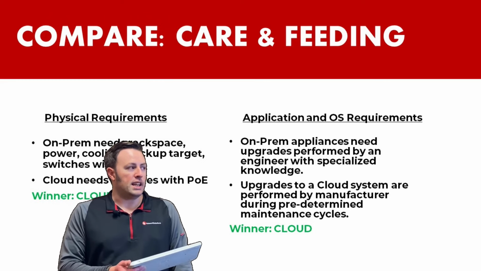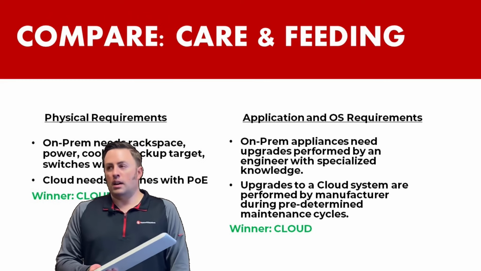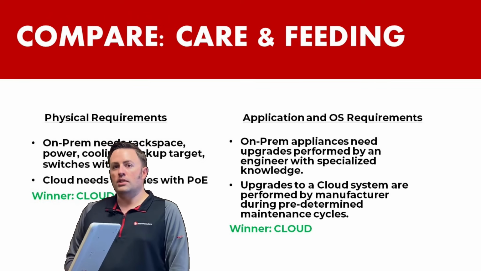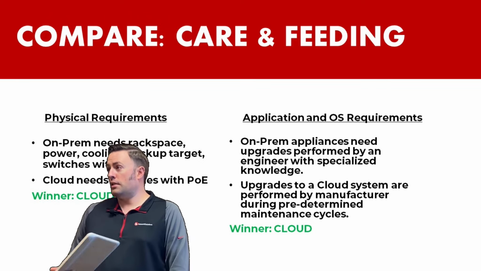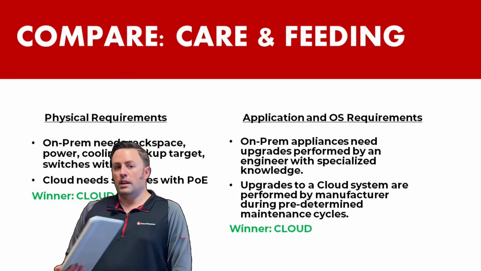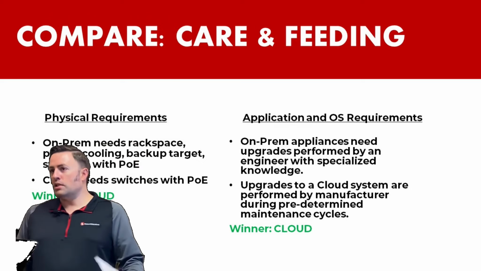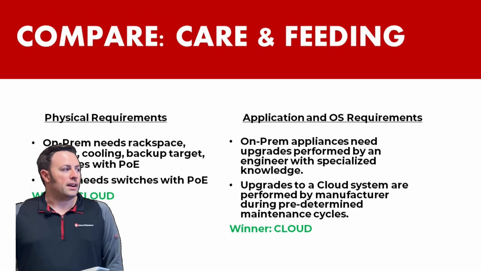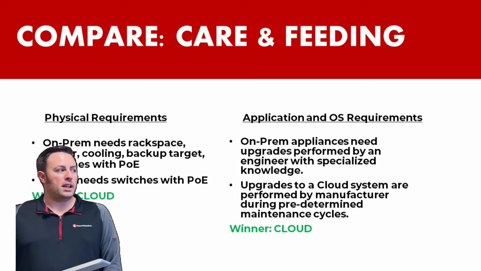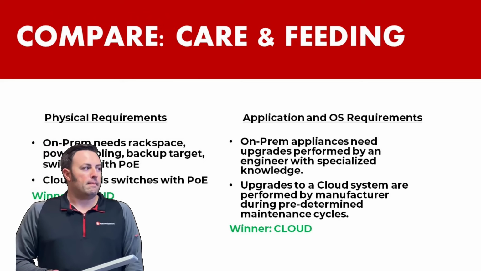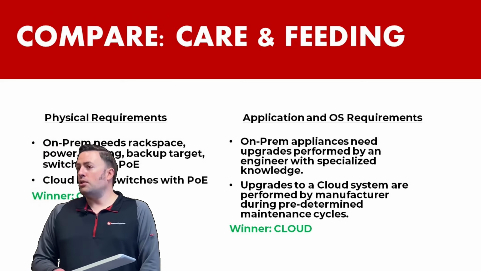As far as application and OS, the on-premise phone system needs upgrades. There's product life cycles that are going on here. There's terms of support. You need to be running a supported version to get support. This is all maintenance and upkeep that's required of an on-premise system. Upgrades still happen to a cloud system.